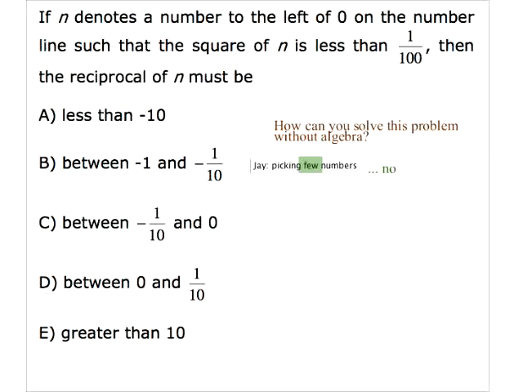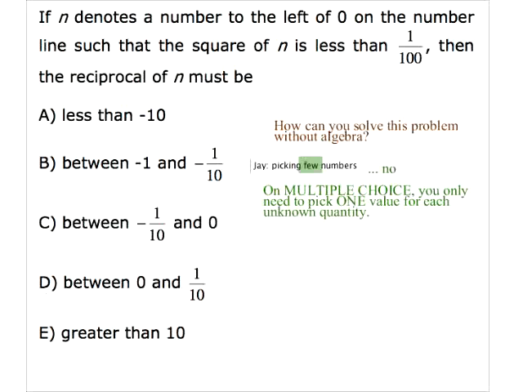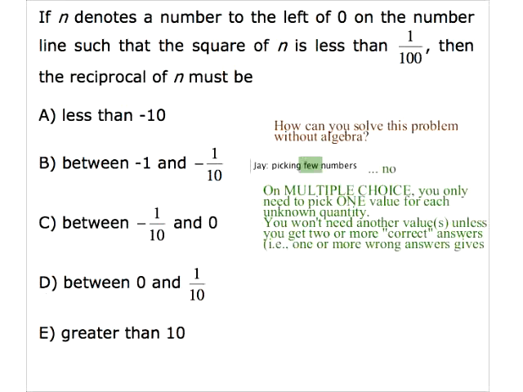So on problem solving, on multiple choice, you only need to pick one value for each unknown quantity. You won't need another value unless you get two or more correct answers, meaning one or more wrong answers gives the right number by pure coincidence.